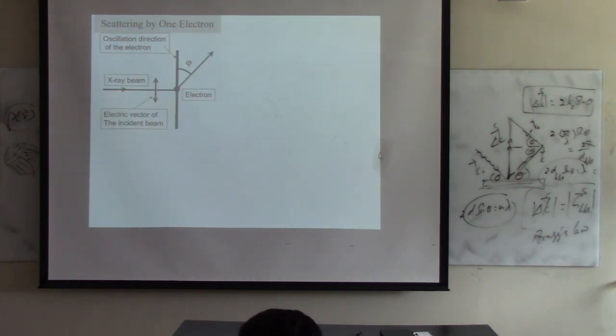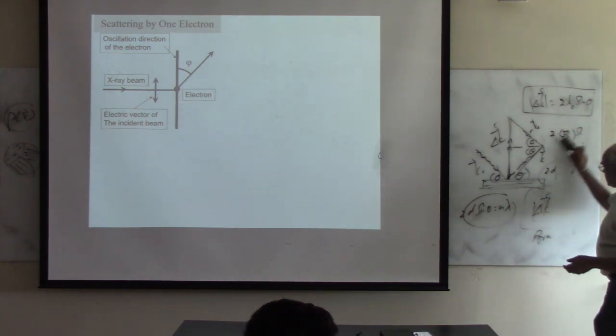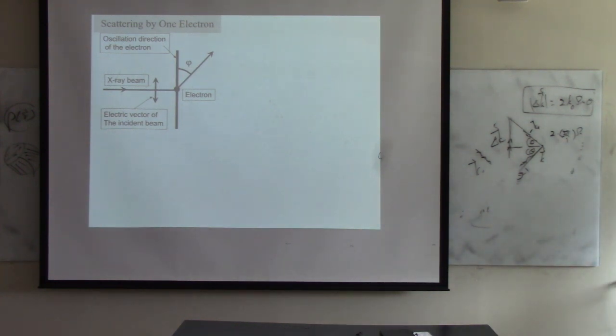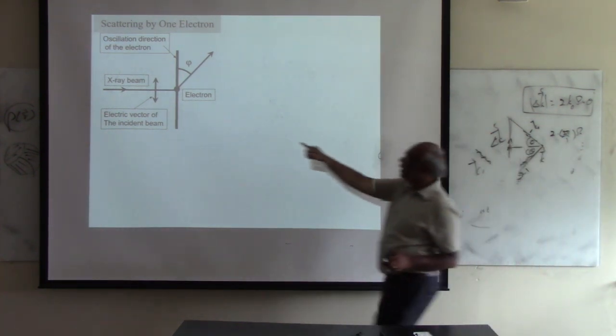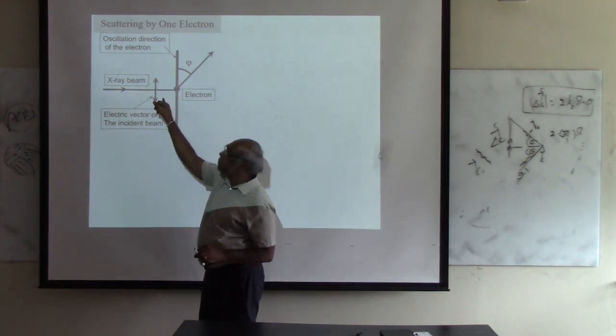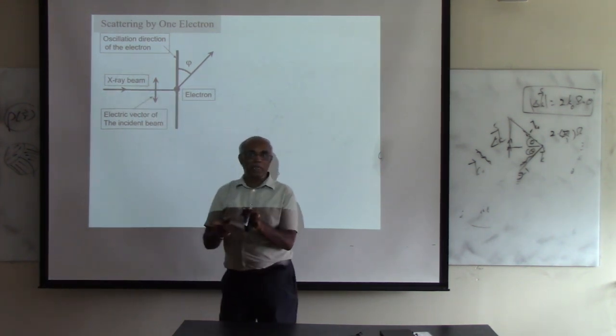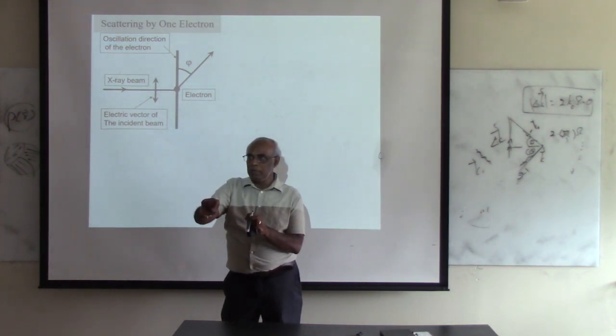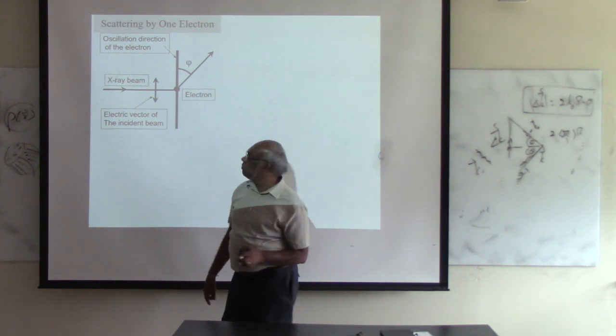Okay, now let's think about this scattering from an electron. So this is really important, right? Suppose you have one electron here, and you have an X-ray beam coming. What will happen? This beam is an electromagnetic wave, right? You have electric field and magnetic field. It's a transverse wave, right?